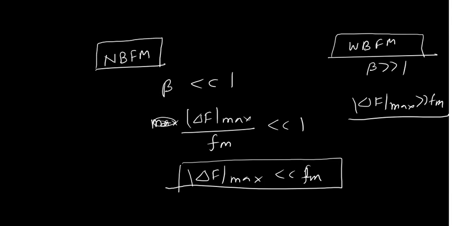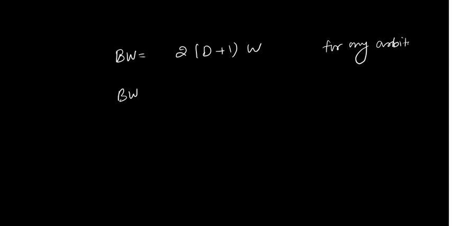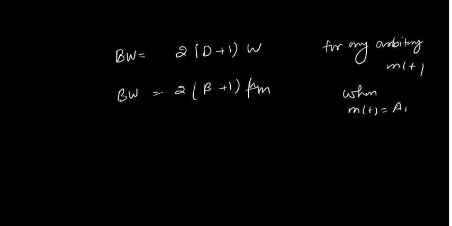So, okay, let us discuss one more thing. What was the bandwidth? If you remember, 2(D plus 1) into W for any arbitrary MT, and it was 2(beta plus 1) into fm when your message was a sinusoidal signal, correct?